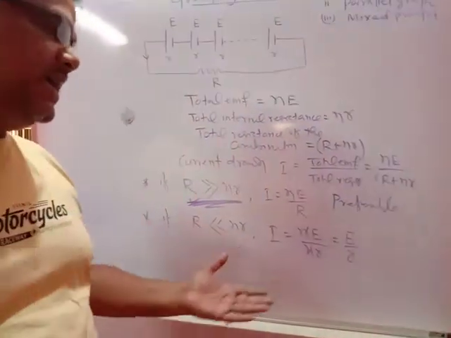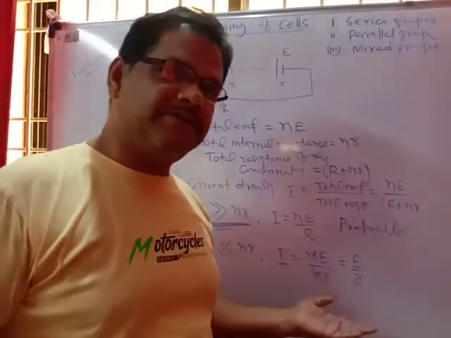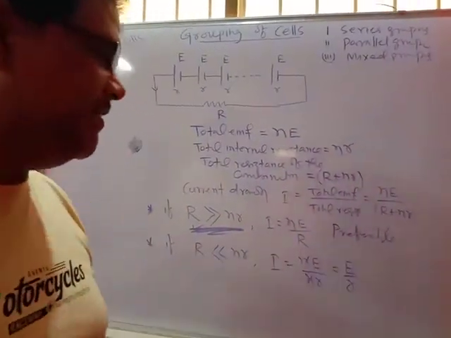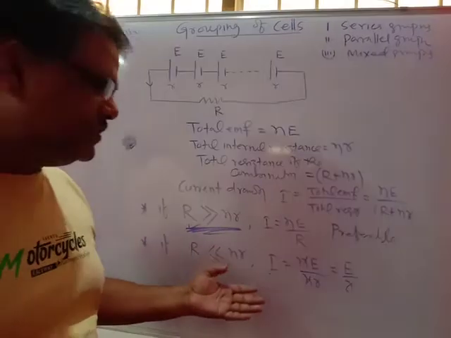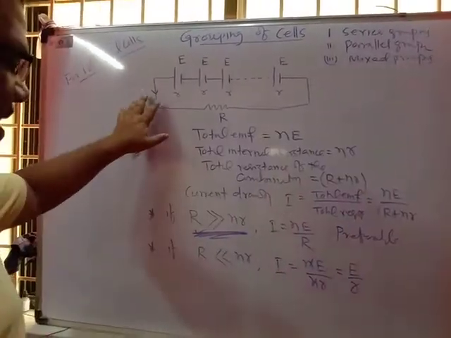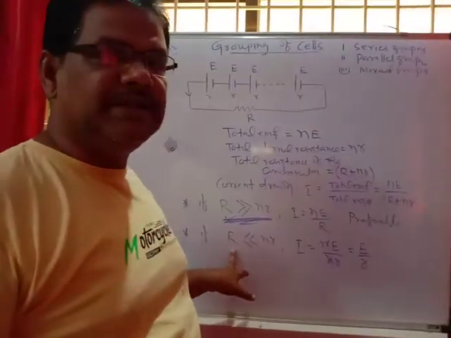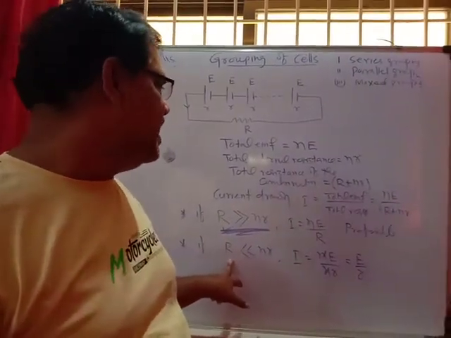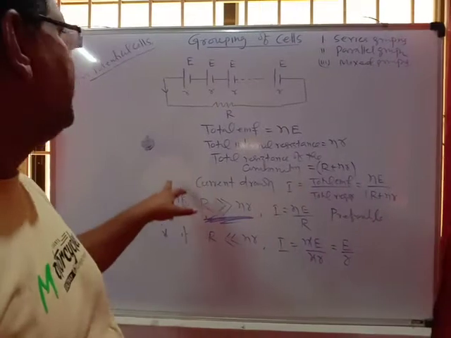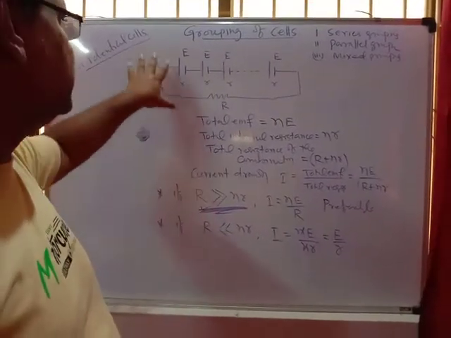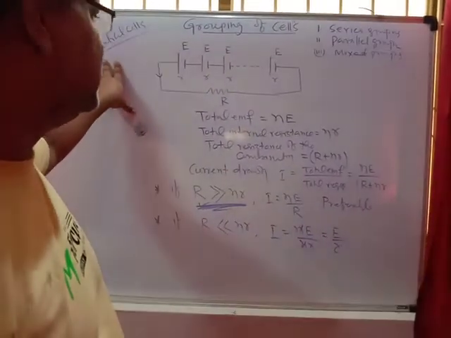For one cell you get E upon r, and for N number of cells grouped, you also get E upon r. So we do not get any benefit in series grouping if the total internal resistance is more than the load resistance. And this is all about series grouping for identical cells.